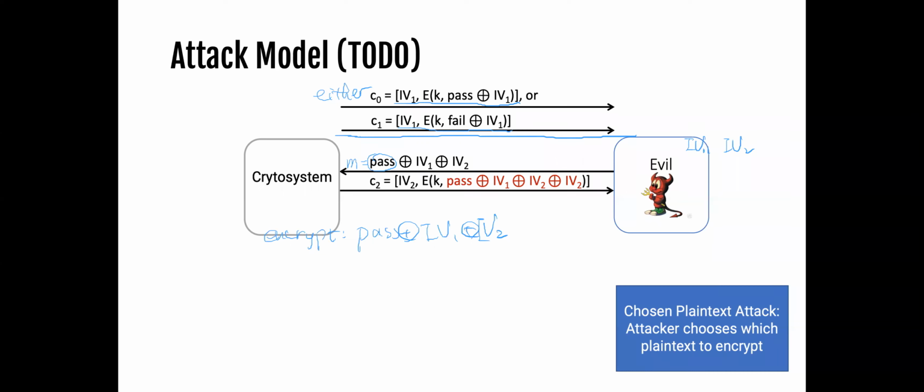The way it works is that it will first take this message to be encrypted, XOR the IV2 that it is going to use this time, and then encrypt it using the key K.